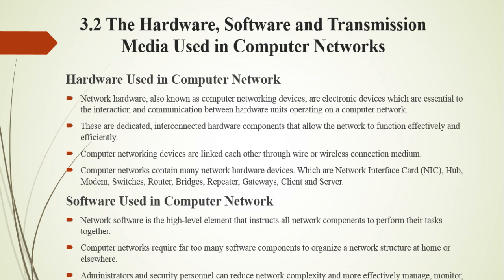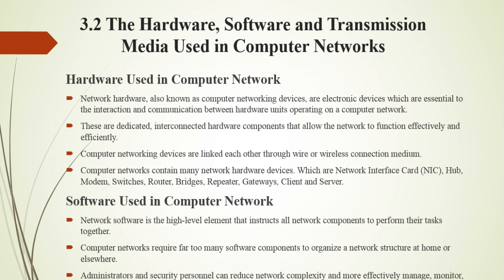Here I am going to explain the hardware, software, and transmission media used in computer networks. Hardware used in computer network. Network hardware, also known as computer networking devices, are electronic devices which are essential to the interaction and communication between hardware units operating on a computer network.